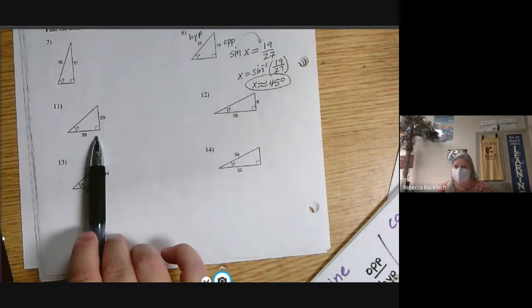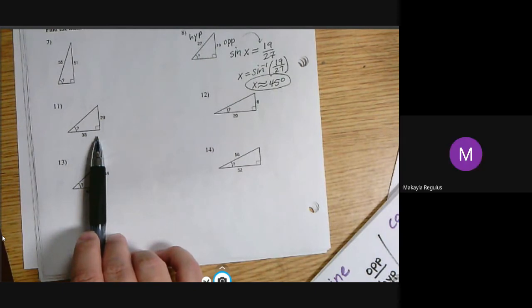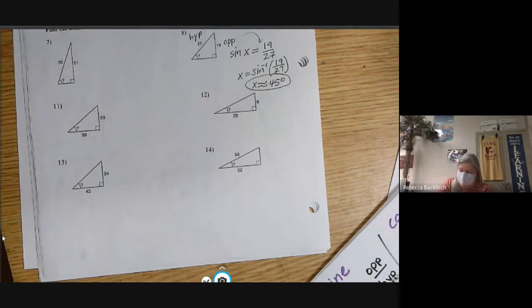Sine, cosine, or tangent here? How about Michaela? Tangent. You're right. Tangent it is.